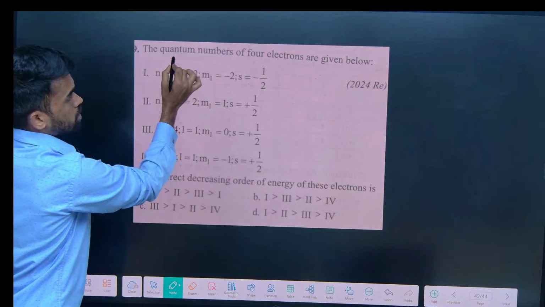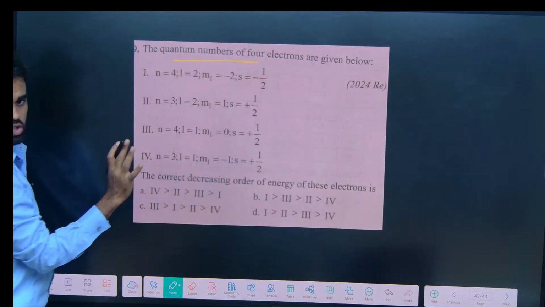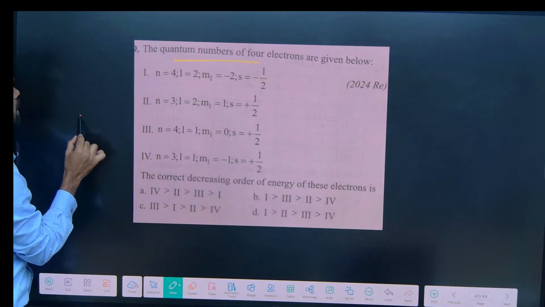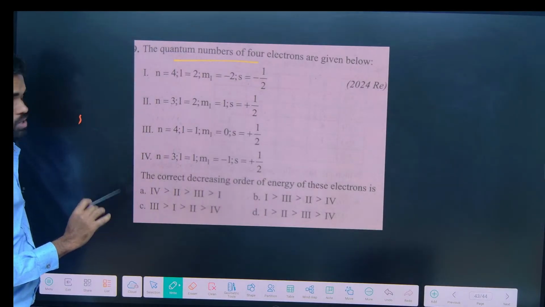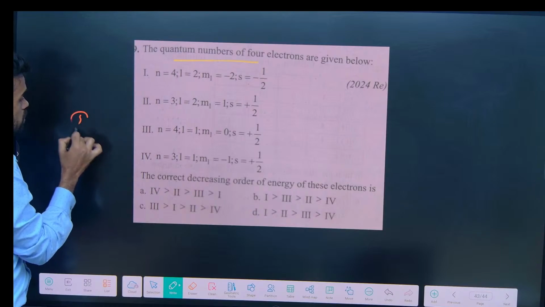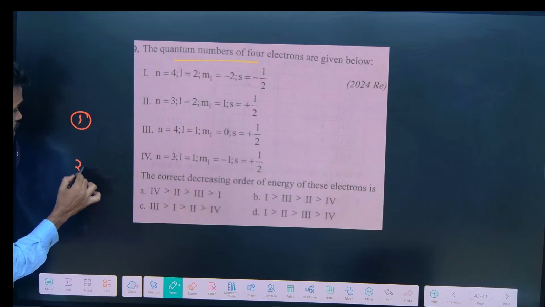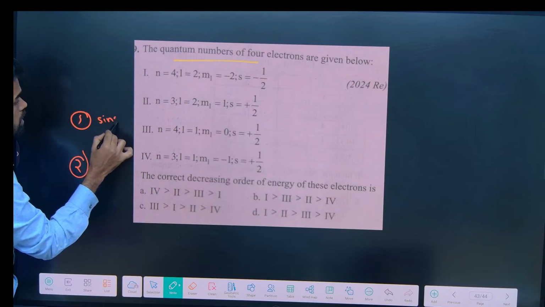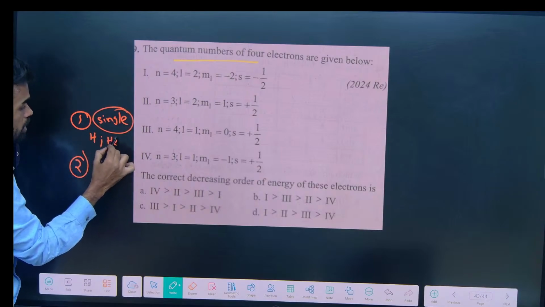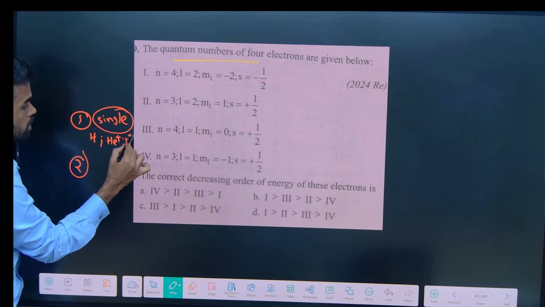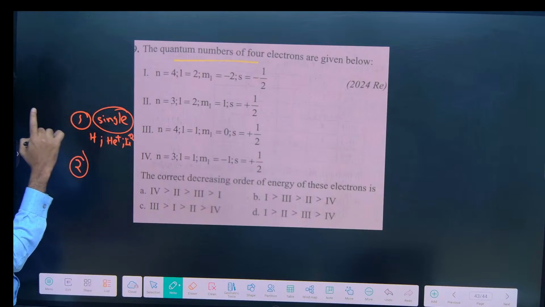When in the question they just mention a question without saying single electron system, that means the question is related to a multi-electron system. So there are two systems here. Single electron system means something like hydrogen atom, helium ion or lithium 2+ ion, like the Bohr model limitations, those things.